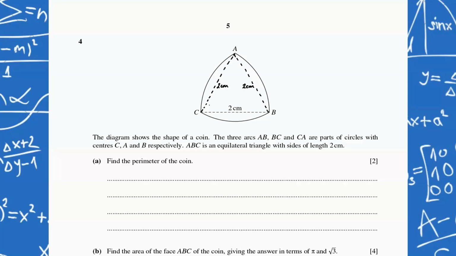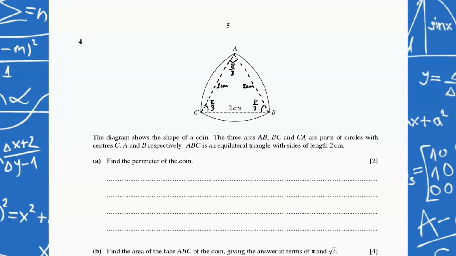It's apparent that if this triangle is equilateral, then all the angles should be a third pi, so pi over 3, pi over 3, and pi over 3. And it's also apparent that the arcs AC, AB, and BC are actually equal.